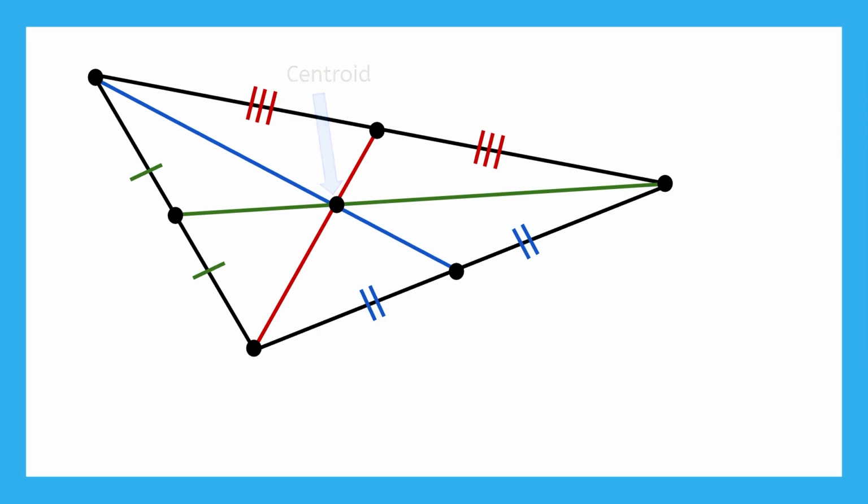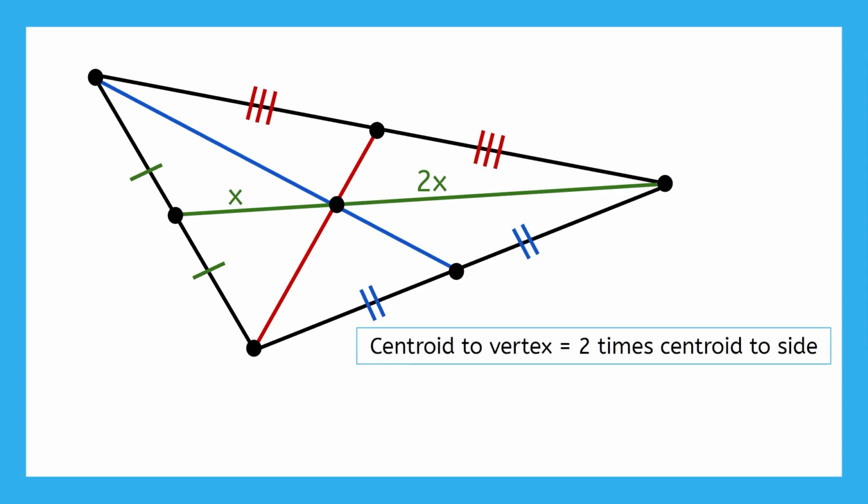There's a special relationship created by the intersection of the centroid with each median. Take a look at this. The centroid breaks the median up into 2 segments, and the segment from the centroid to the vertex is 2 times as long as the segment from the centroid to the opposite side.